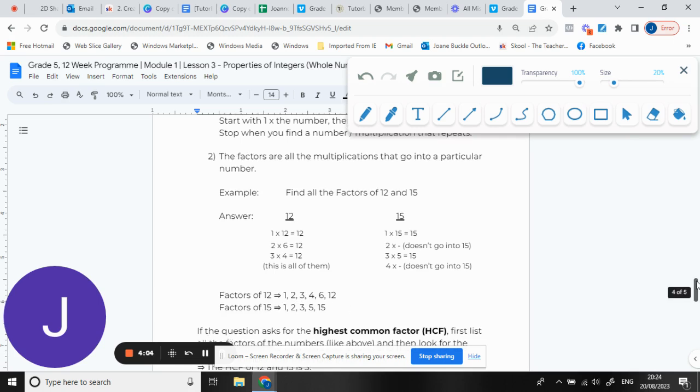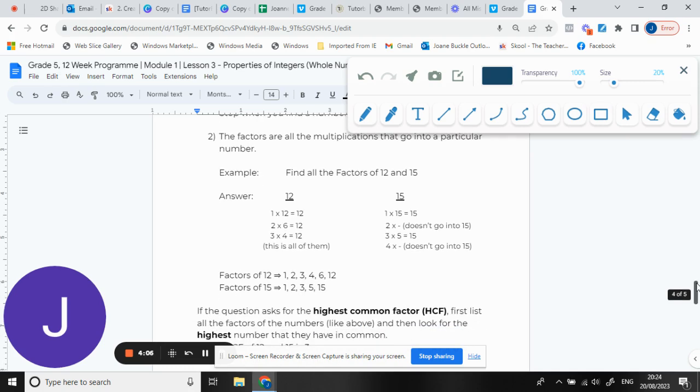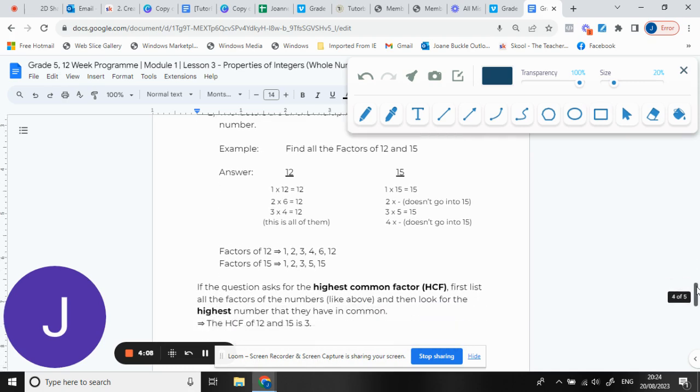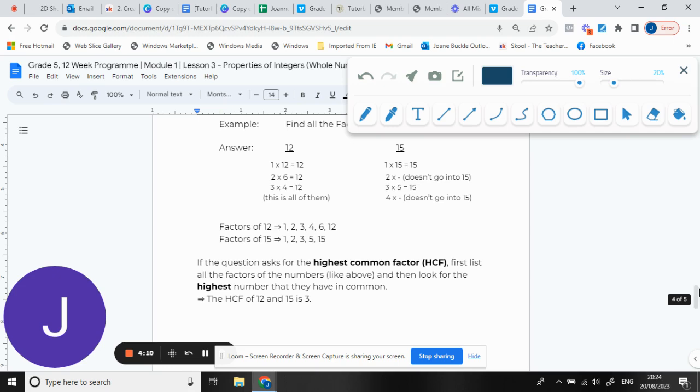So it's always the lowest common multiple, but it's the highest common factor. So they want the highest number that they've got in common. So you would go along your list here. They don't share 12 and 15, or 6 and 5, or 4, but they do share the number 3. That's the highest factor they have in common. So the highest common factor of 12 and 15 would be 3. Okay.